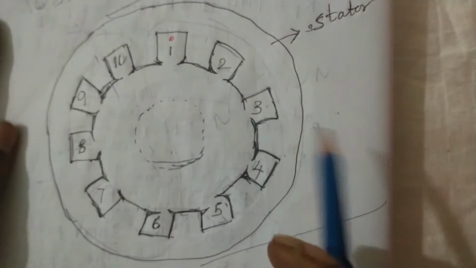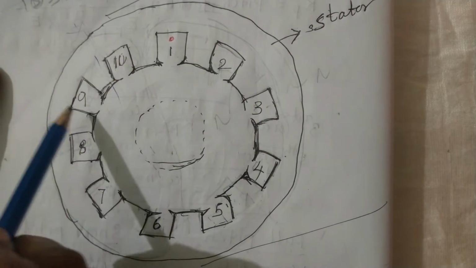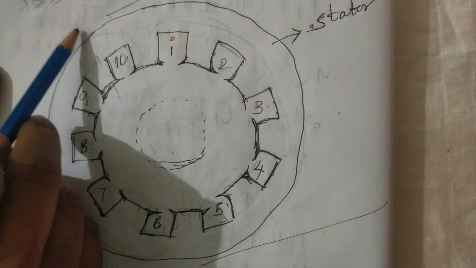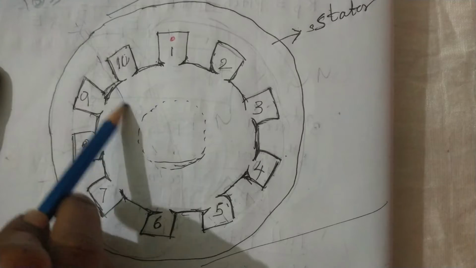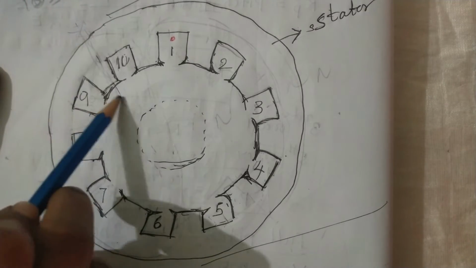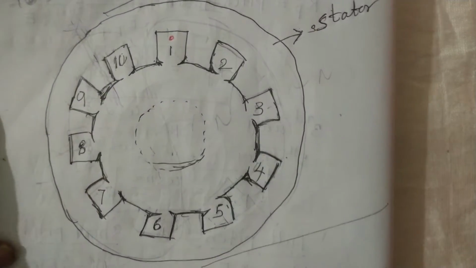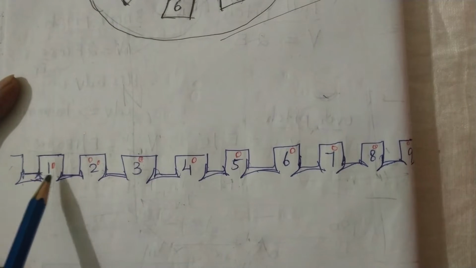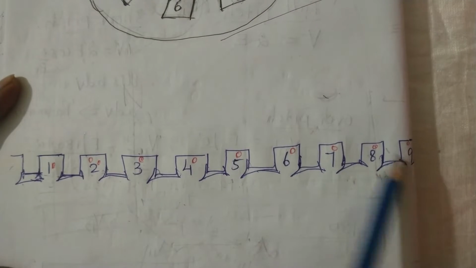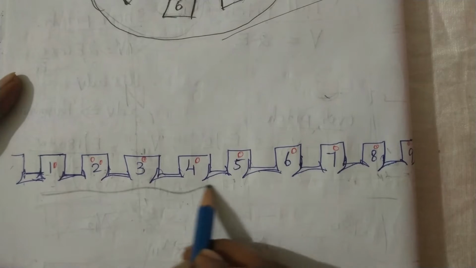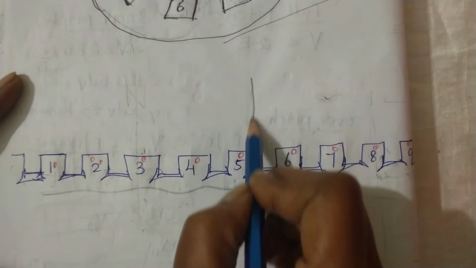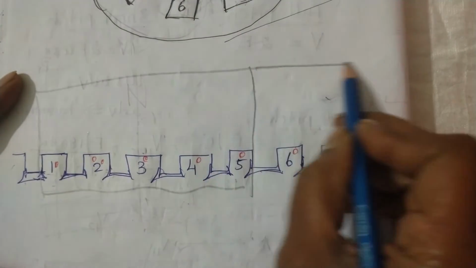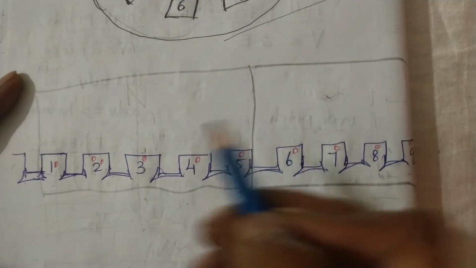To explain it clearly, assume I am going to cut here, near the 10th slot, and lay it out in a linear way. From 1 to 10, the first 5 slots are allotted to the first pole, and the next slots are allotted to the second pole.